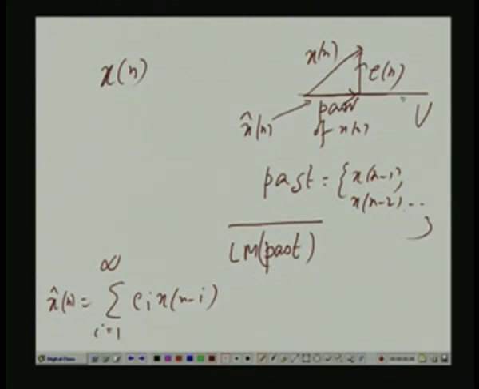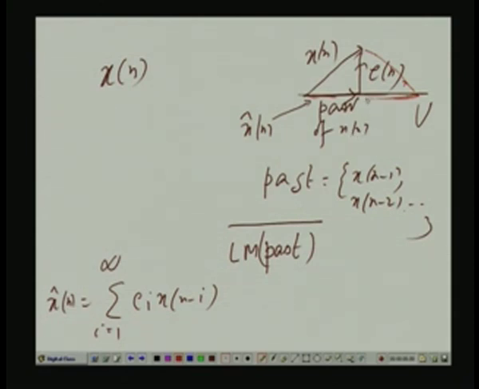If the error is not orthogonal, you know from geometry, if the error were like this, and this much is your prediction, then of course the length of this is more than the length of this. So the error variance in this other case is much more. The error is minimum in norm, minimum in variance, only when it is orthogonal to the space on which the prediction is made.